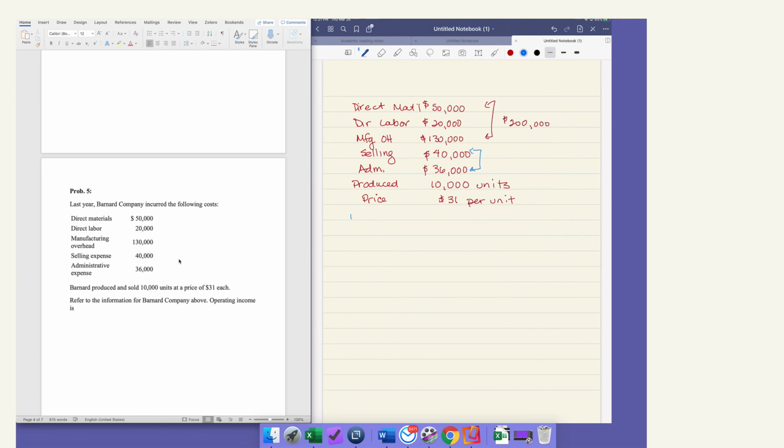So our revenues minus our cost of goods sold gives us our gross margin, right? And then if we subtract out operating expenses, that gives us our operating income, or operating profit, however you want to call it.